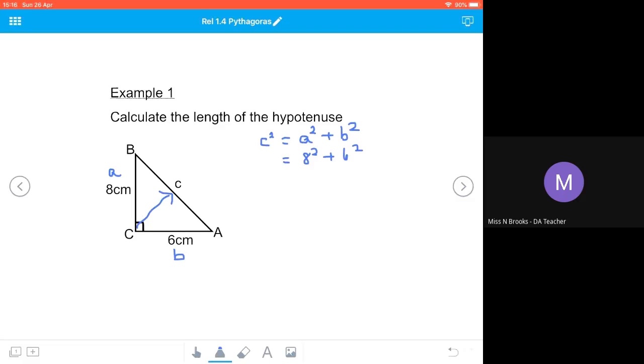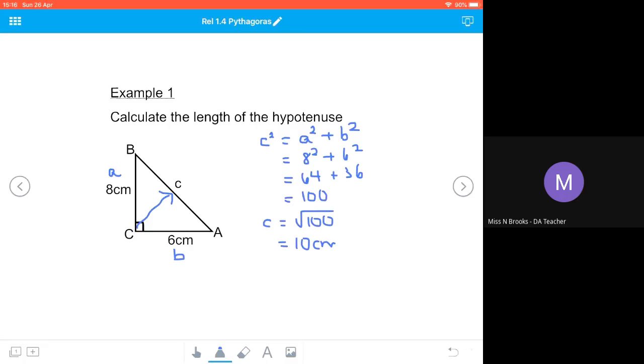And if we add them together, we've got 64 plus 36, which equals 100. Now that's c squared, and we want to isolate c, so the inverse process of squaring is square rooting. So we need to square root that 100 to give us 10 centimeters.